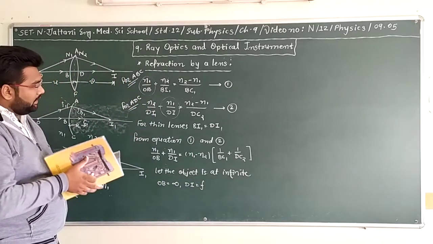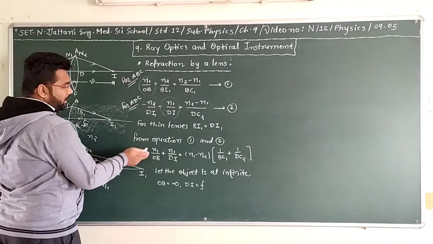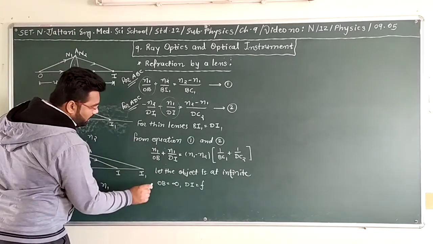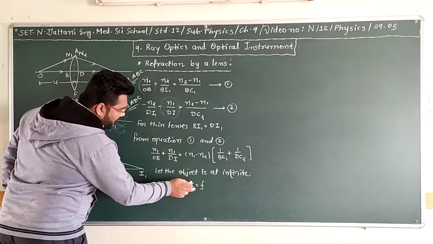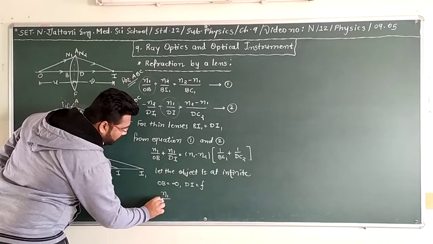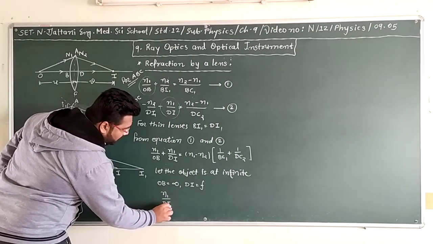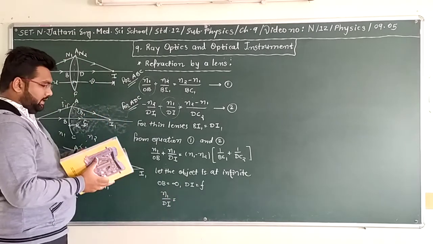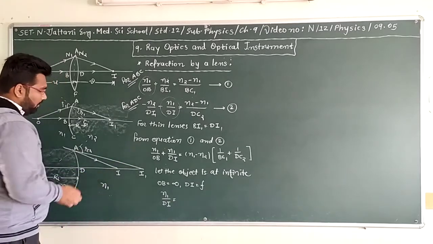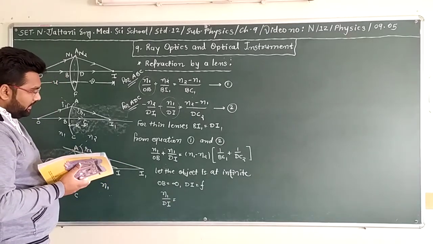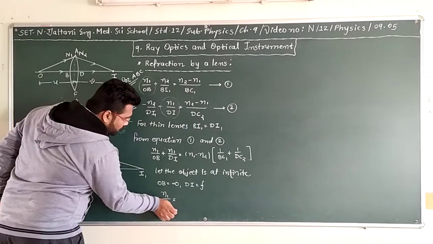So we can write n1 upon infinite, that will be 0, and n1 upon di, where di is our f.